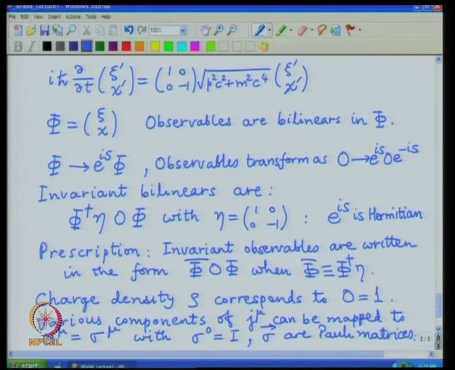So, this gives a prescription of how to construct various observable operators, and also explicitly shows that the +1 and -1 on the diagonal are very much part of the formulation, and the opposite signs indeed are necessary to construct observables which are invariant under Lorentz transformations, and that is a very important lesson which keeps on appearing in relativistic formulation of field theory in many places.